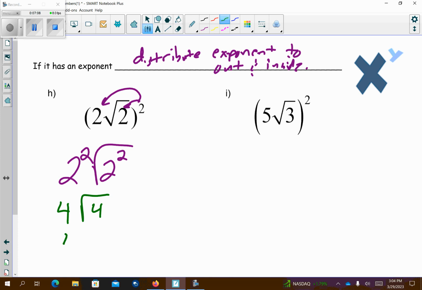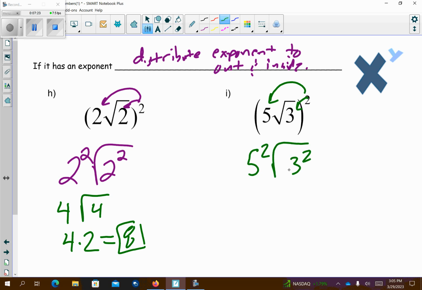Well, what's root 4? Yeah, it's 2. So then I just multiply 4 times 2 and I get 8. Let's try letter I. This comes here and here, so I'm going to get 5 squared and 3 squared. 5 squared just comes out to 25. Inside is going to become square root 9. What's the square root of 9? Yeah, 3. And then I multiply 25 times 3, and I get 75 for an answer.